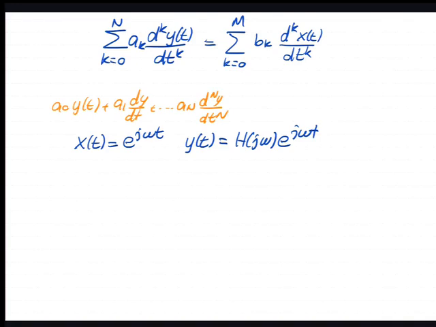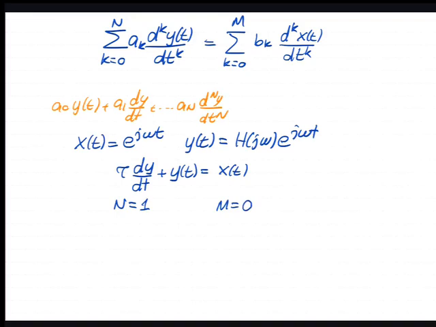For example, if you have a first order differential equation, let's say tau times dy dt plus y of t equals x of t. So that has the form above, but very simple. What is capital N? How many derivatives are needed for the output? Only one. For the input?